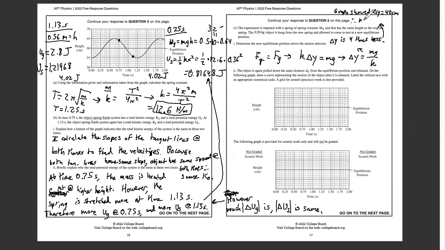Therefore, the new height is going to be at 90 centimeters. I decreased the displacement by a factor of 4. 40 divided by 4 is 10. 1 meter minus 10 centimeters is 90 centimeters.